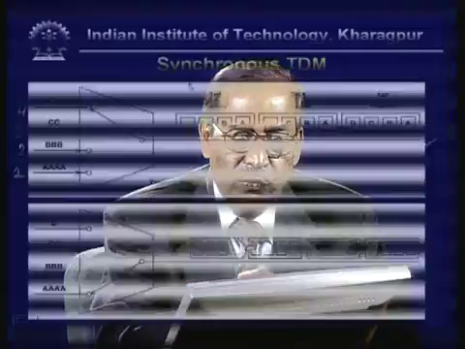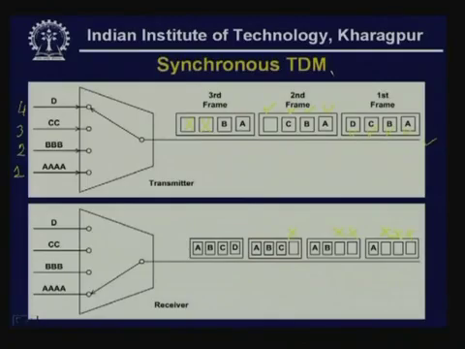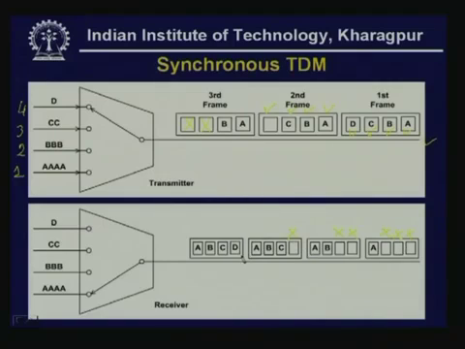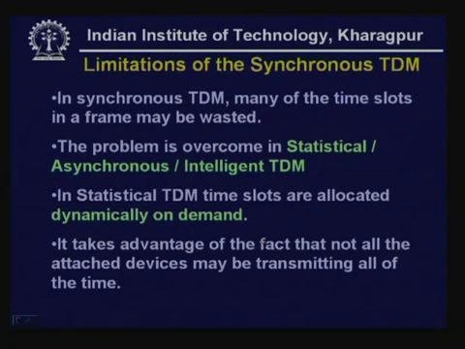However, in synchronous time division multiplexing, we find the bandwidth is not fully utilized, there is some wastage of bandwidth. This wastage of bandwidth is a problem we have to overcome.